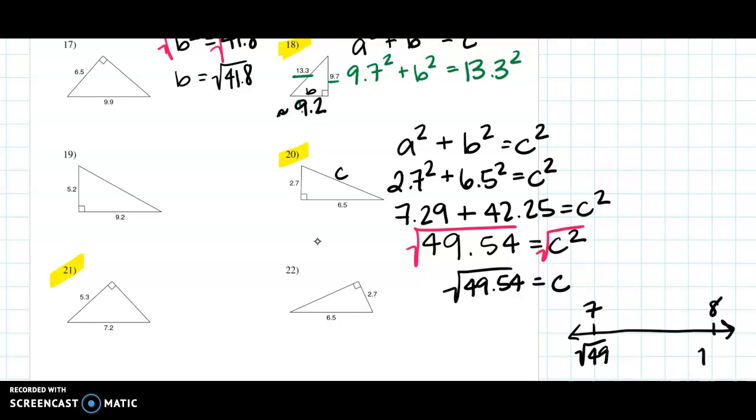Our next perfect square is 8, the square root of 64. So the answer is probably really, really close to 7. We can say that it's approximately 7.1, but it's probably less than that. We can write it exactly by saying this is equal to the square root of 49.54.